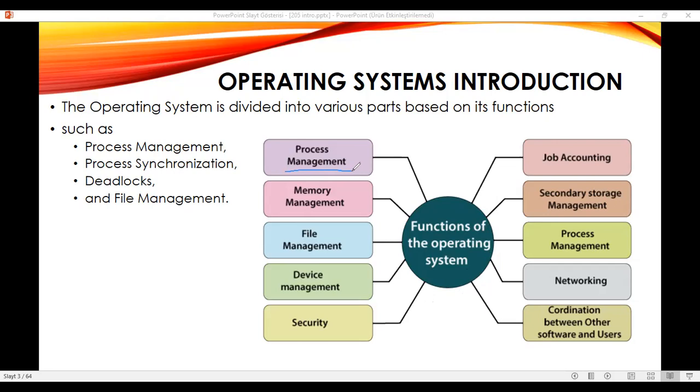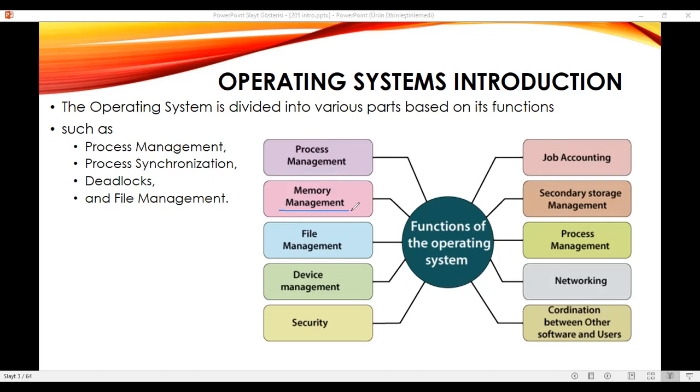It is managing the processes: which one will be picked from the hard disk and put into RAM, and then which one in the queue in the RAM will be picked by the CPU. All these things are done by the operating system.